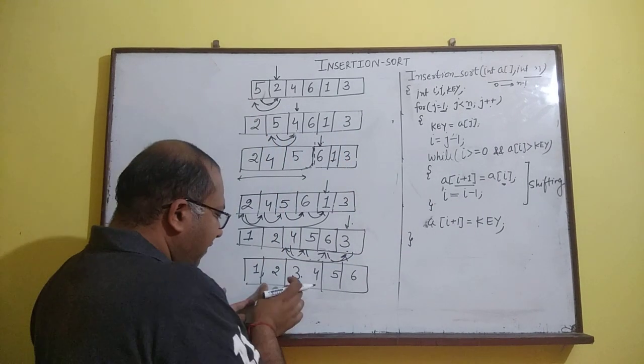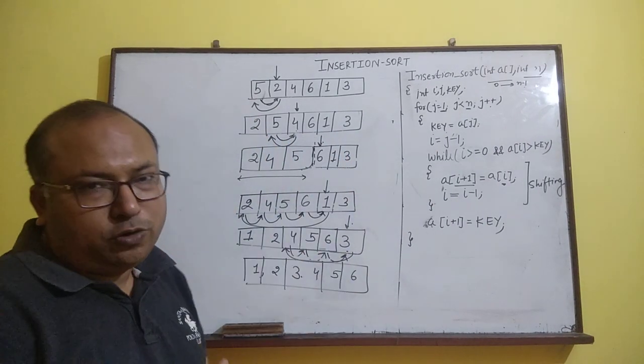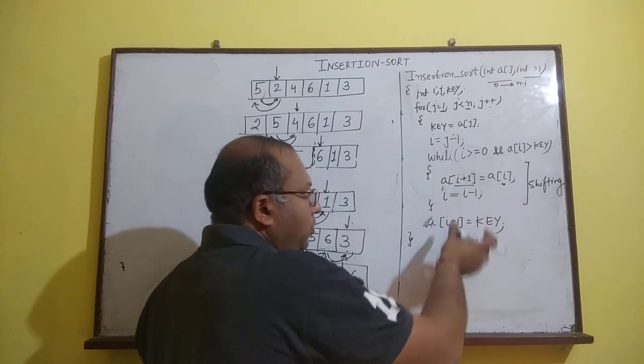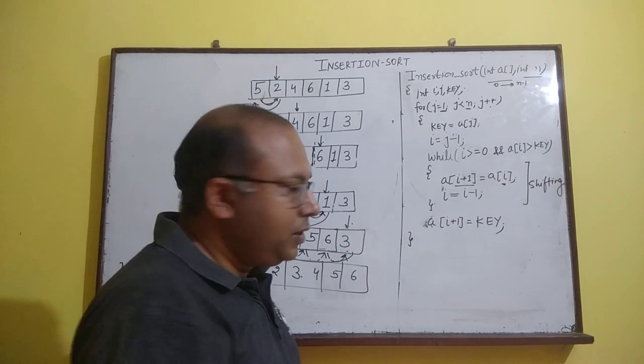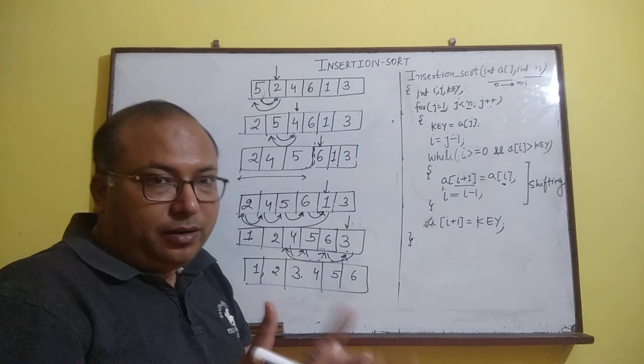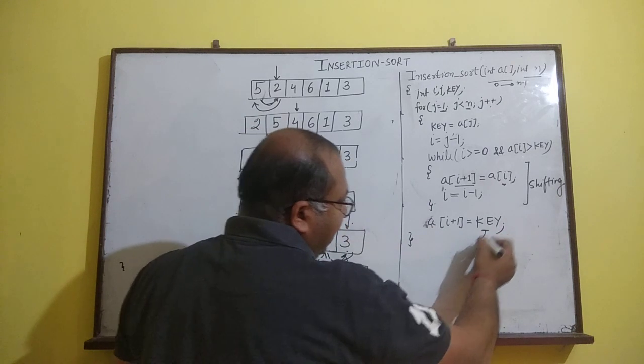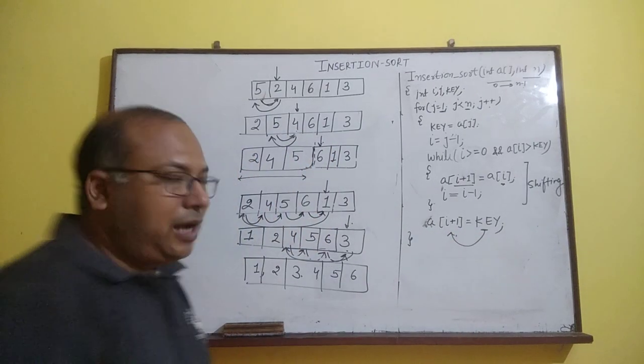And whenever we have a space where we need to put our element, out of this inner loop, when we are coming out of this one, the hole must be created, and at that hole we will store our key value at i plus 1.